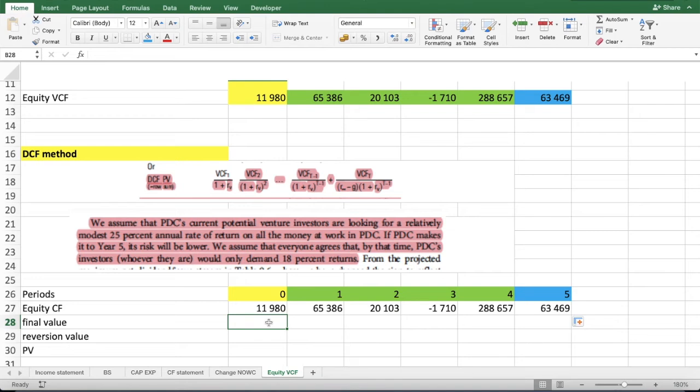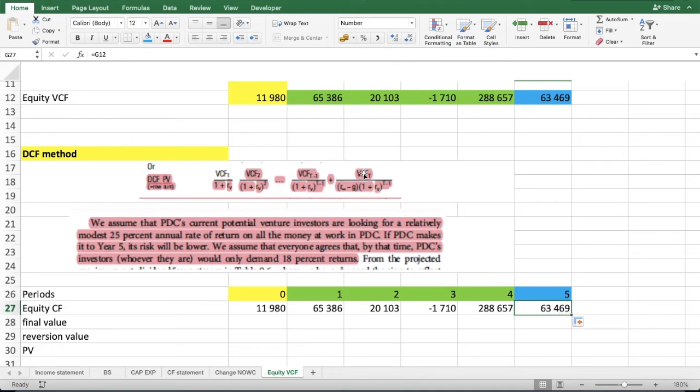Now the final value, which is about the 5th payment, right? Or the maturity payment. See here. So we are bringing 2 modifications to the final payment. This is the final payment, right? Which is 63,469.